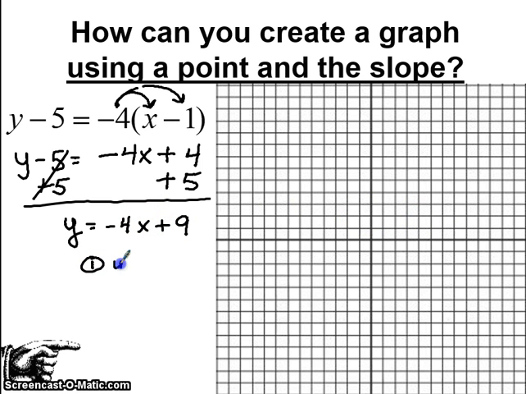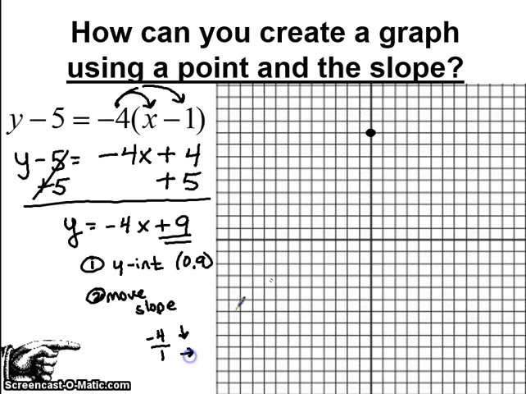Now recall, here is how you graph. First, you plot the y-intercept, which is the point (0, 9) in this case, because we get it here from the b. So we'll go up 9. 1, 2, 3, 4, 5, 6, 7, 8, 9. And then we'll move the slope, which in this case is negative 4, or negative 4 over 1, which means go down 4 over 1.